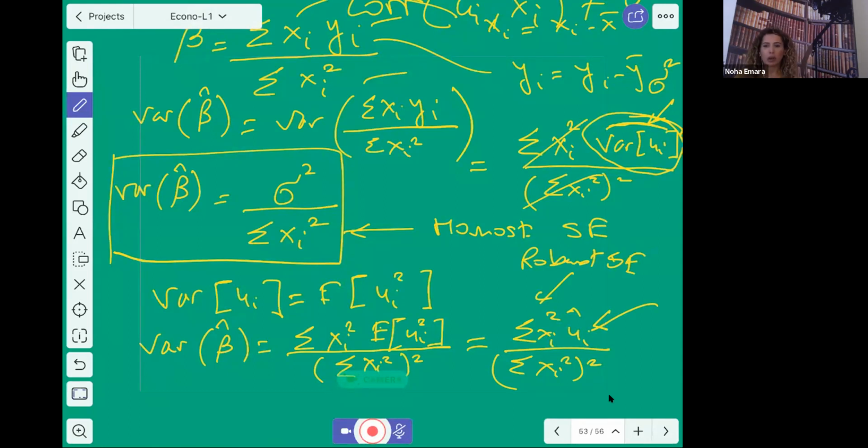It's not constant anymore. So anytime I have proved based on the BP test that I do have heteroskedasticity, then I need to use this robust standard error using this equation so that I can allow for this type of correlation. Okay.